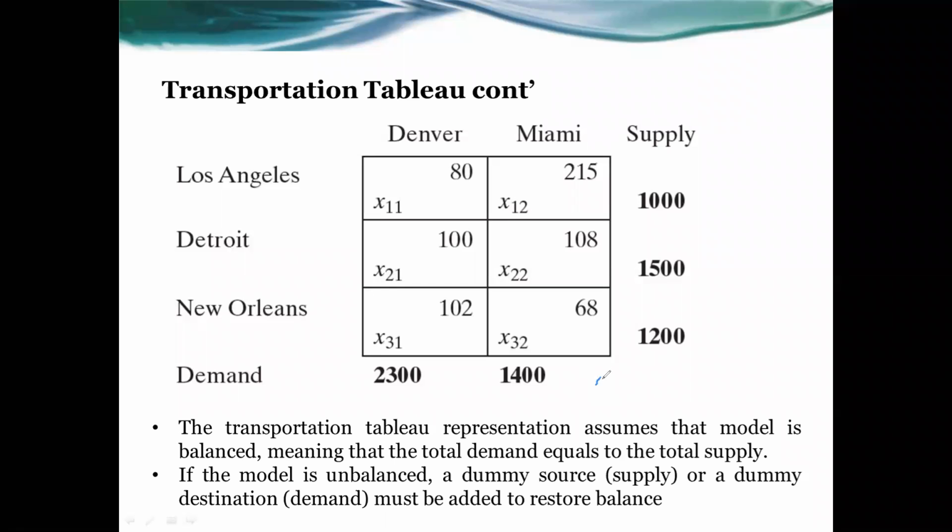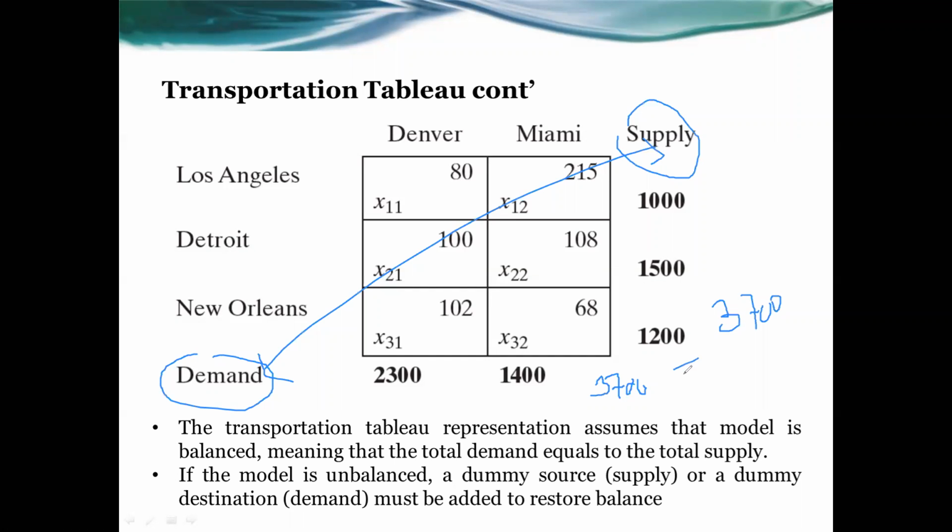We get 3,700, right? Now if we add the supply, what do we get? The same, 3,700. So the total demand is 3,700 and the total supply is also 3,700. Then demand and supply are equal.